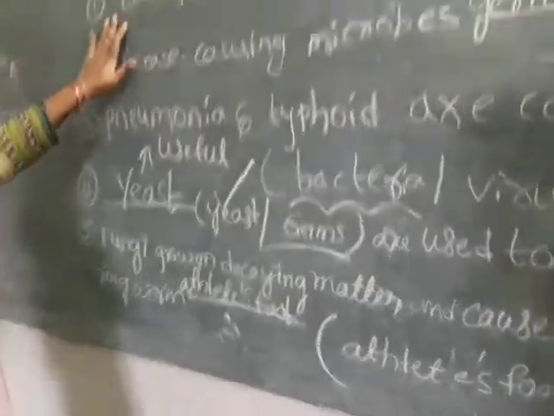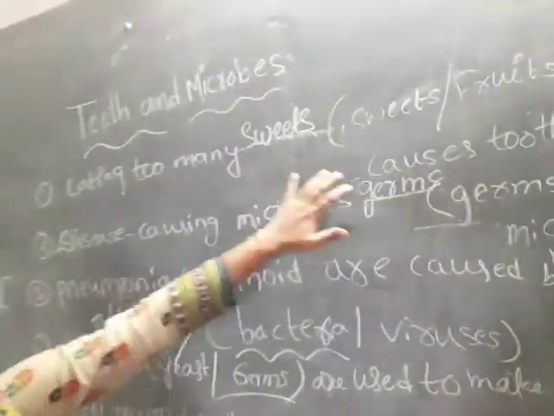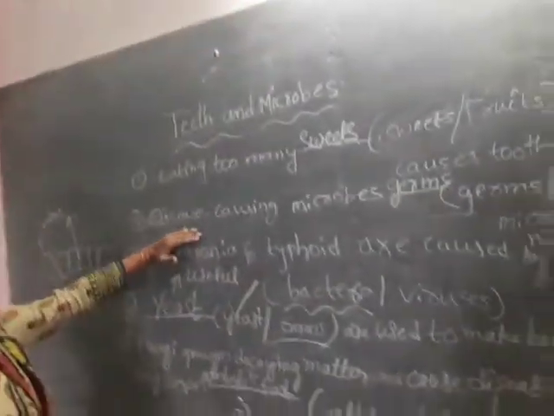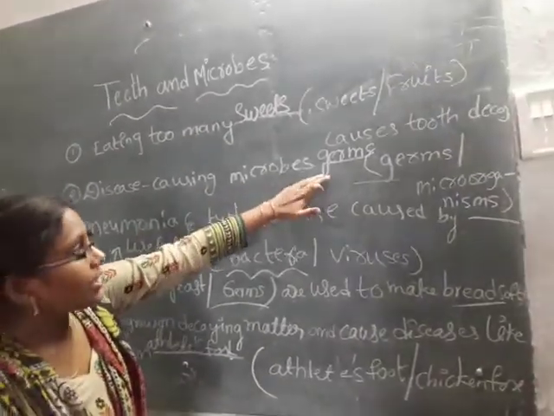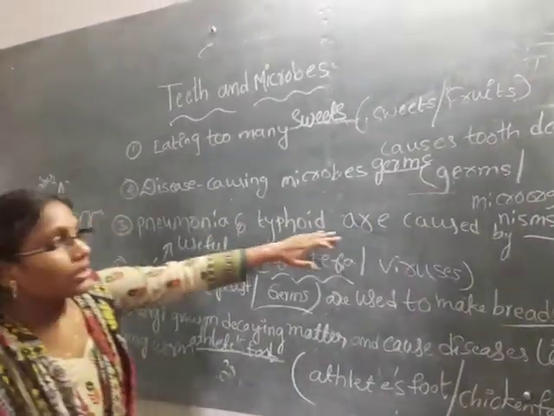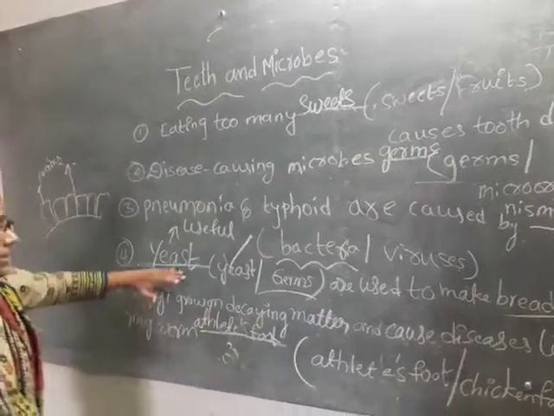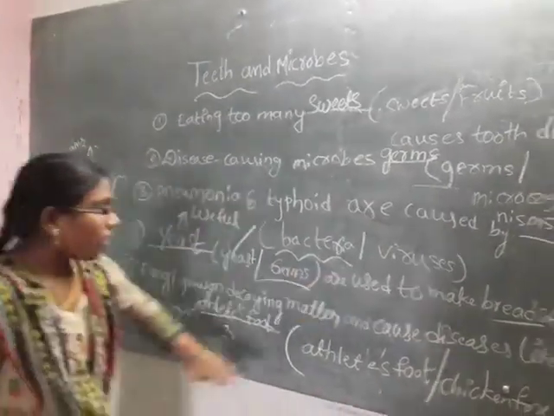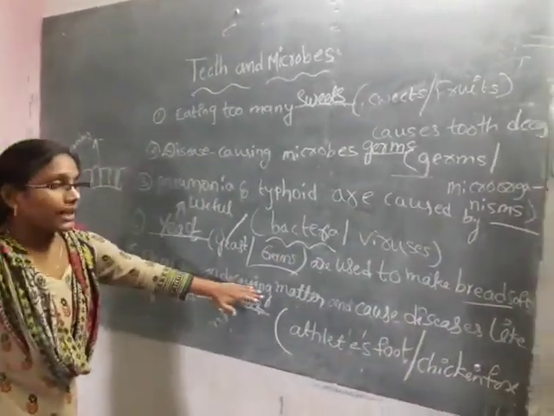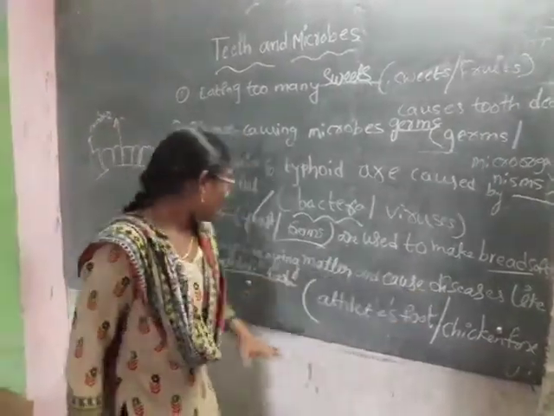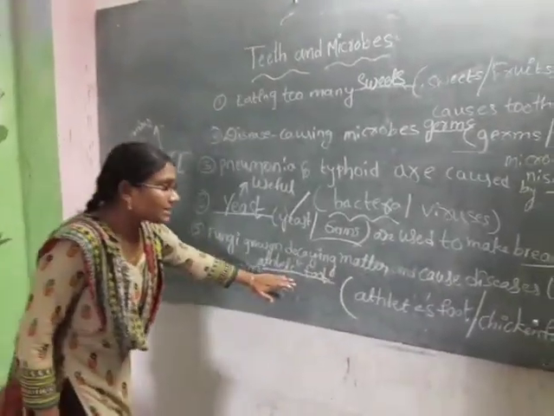Once again I repeat: eating too many sweets can cause tooth decay, disease causing microbes are germs, and pneumonia and typhoid are caused by bacteria. Yeast is used to make bread soft, and fungi grow on decaying matter and cause diseases like ringworm and athlete's foot.